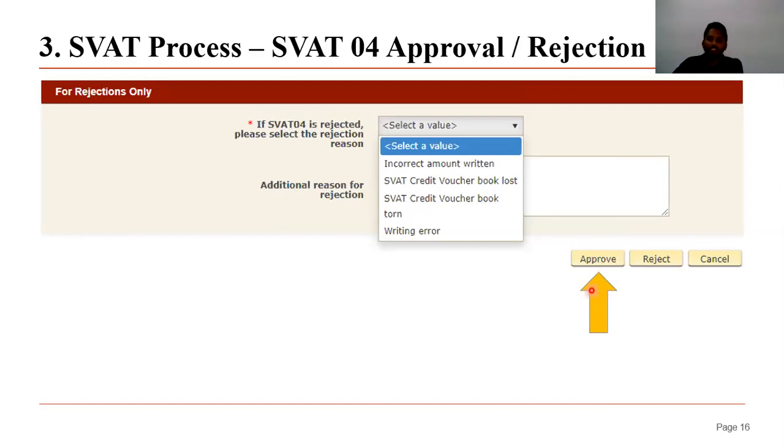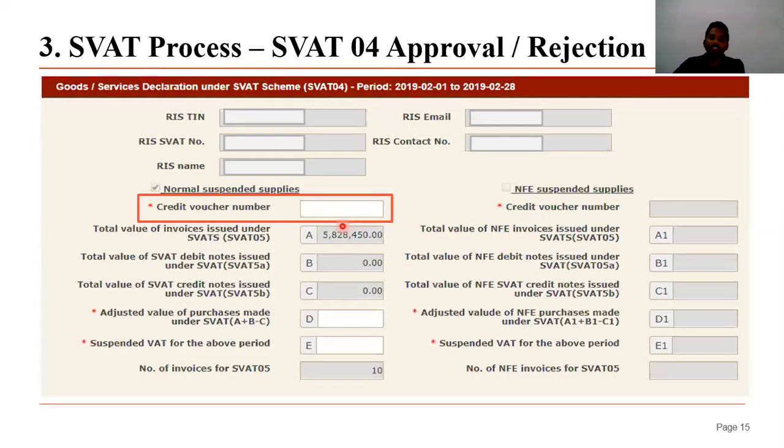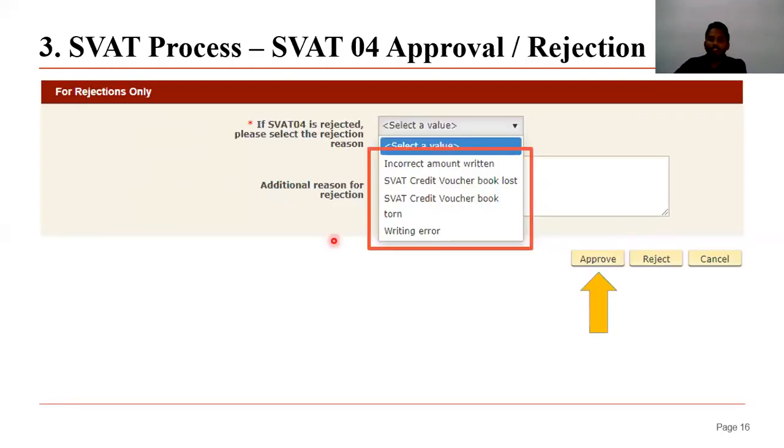If he is not satisfied, let's say in the previous month they have made supplies, they have purchased 5.8 million. Then RIP realized that it is not 5.8 million, it should be 4.8 million. If there's an error, he can reject for incorrect amount.